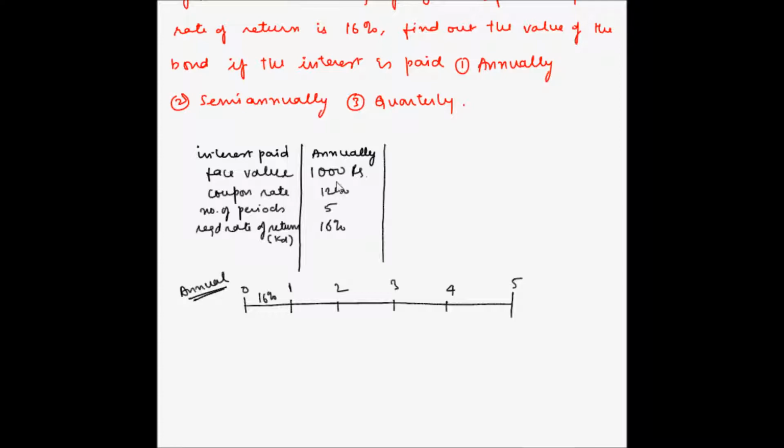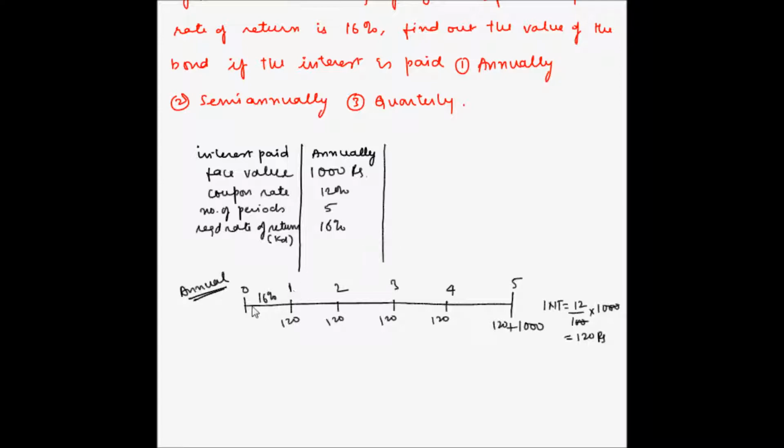Coupon rate is 12%. Face value is 1000 rupees. So interest will be equal to 12% of 1000. So 12% means 12 by 100 into 1000. Two zeros get cancelled. So 120 rupees. So 120, 120, 120, 120, 120. And at the end, we'll also get the maturity value, which is 1000 rupees.